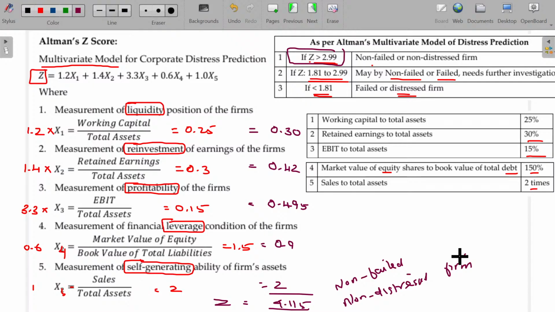I used this particular score for my doctorate study. In my entire doctorate study, I took around 10 steel companies. For all the 10 companies, I used the ratios predominantly. All the ratios are grouped in these 5 heads. Especially in the case of liquidity, the question here is working capital by total assets. I used all the ratios for liquidity first, and then I took the average and assigned 1.2 times for that.